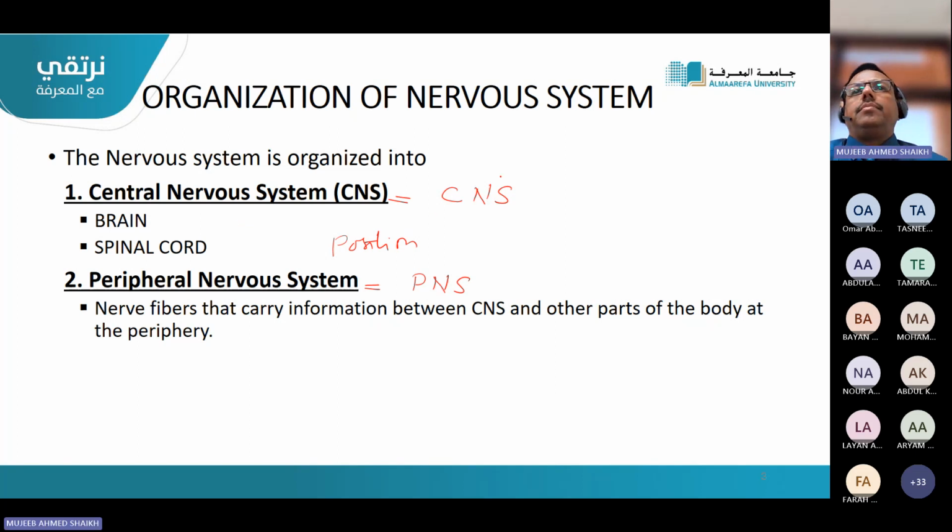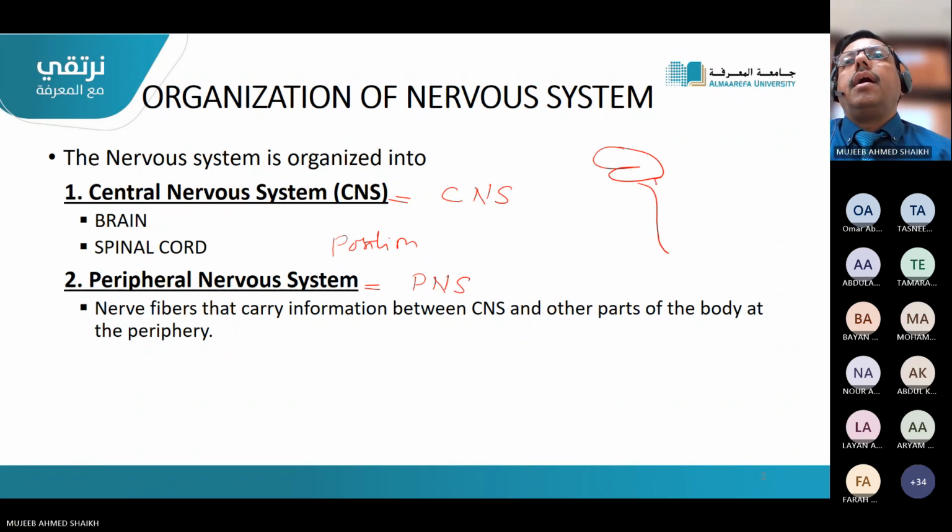So we have the brain, the cerebrum, cerebellum. It looks like this. Just the diagrammatic representation I'm drawing. And attached to the brain, there is a spinal cord, which is running through the vertebrae, reaching up till the pelvis.